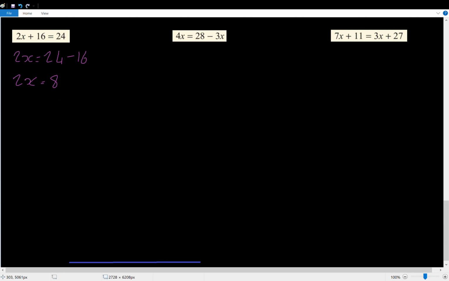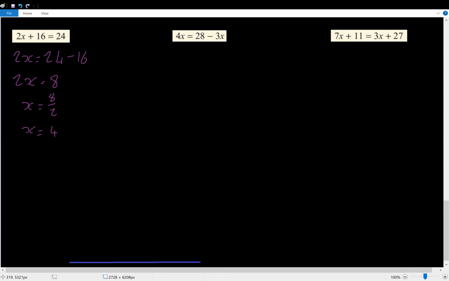And now from here we've got to get x on its own, so we've got to get this multiplied by 2 and move that across. So we're going to have x is equal to 8, and when we move our multiply by 2 over, it becomes a divide by 2. So we get x equals 8 divided by 2, which means x is equal to 4, like that.